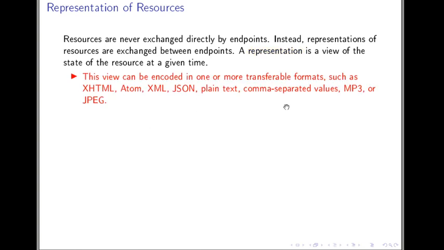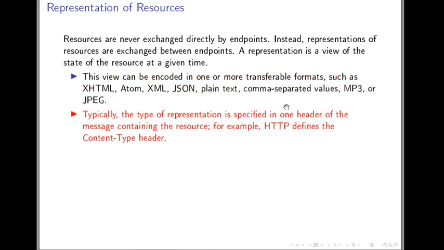This view can be encoded in one or more transferable formats such as XHTML, HTML, XML, JSON, plain text, comma-separated values, etc. So we have multiple formats for this representation, and it is transferable, meaning in this format we can send our resource from server to client.